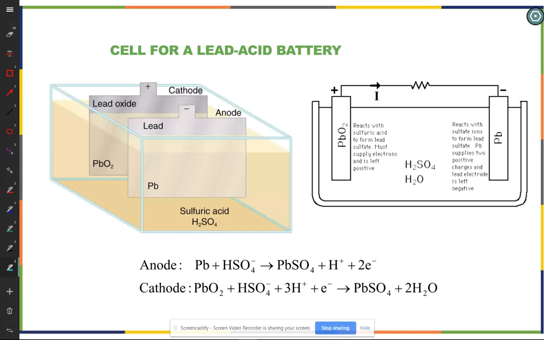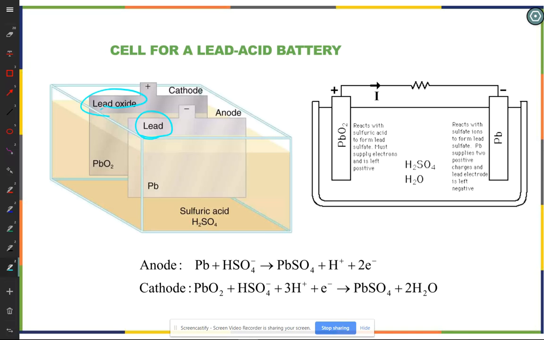So with a lead acid battery, you have two plates, one that's lead oxide and one that's lead. And you have chemical reactions so that at the anode, you have lead plus sulfuric acid gives you lead sulfate plus hydrogen plus 2 electrons.